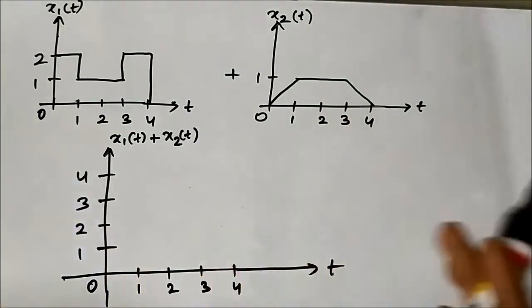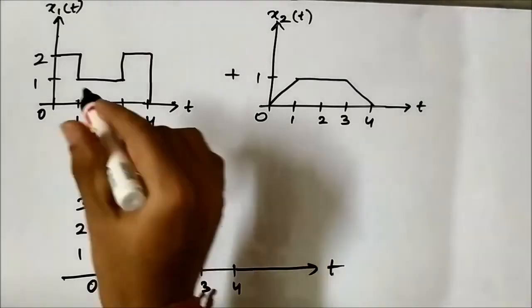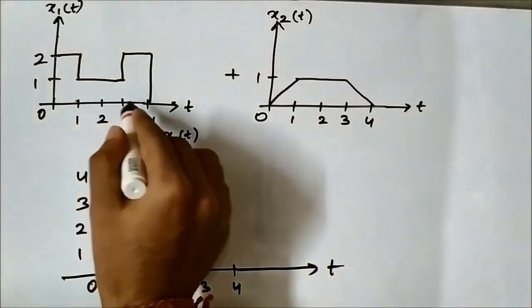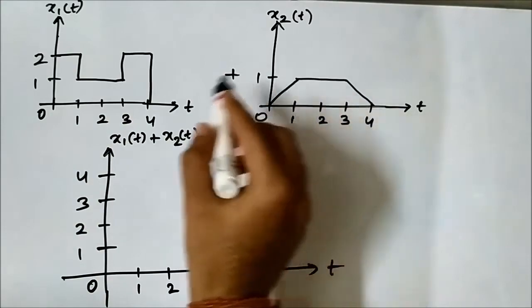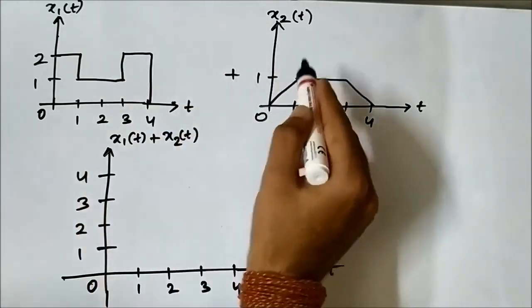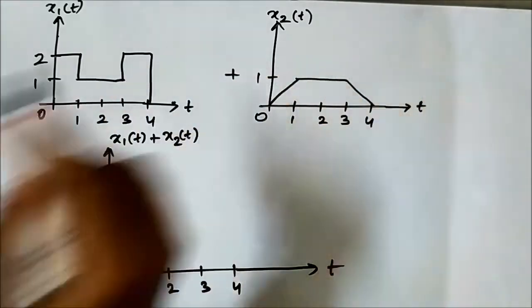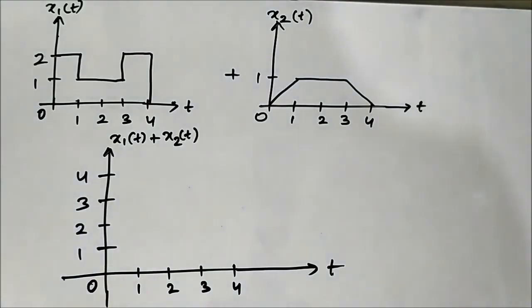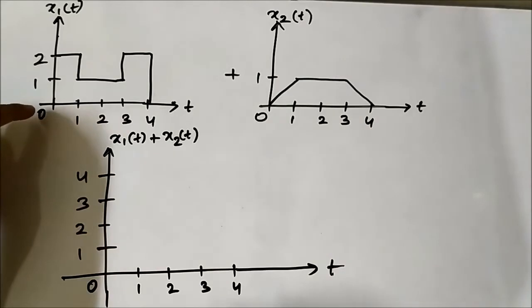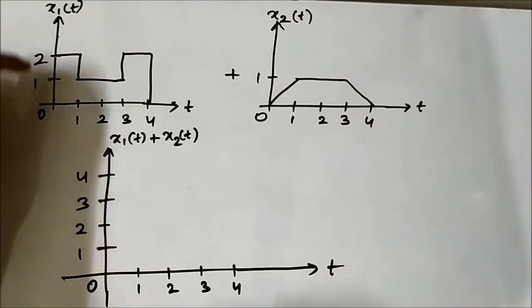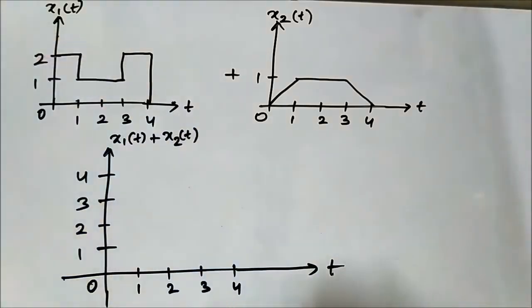So the principle of signal addition says that at each of the respective time instants, we have to add the respective signal amplitudes. So we'll do that. Starting from t equals 0, for x1(t) the amplitude is 2.